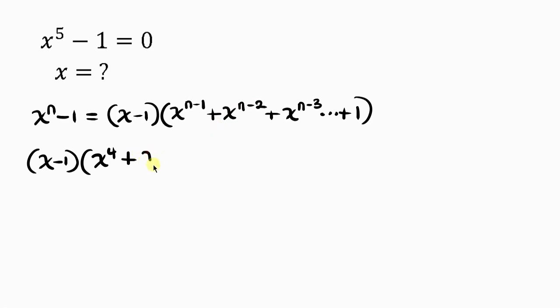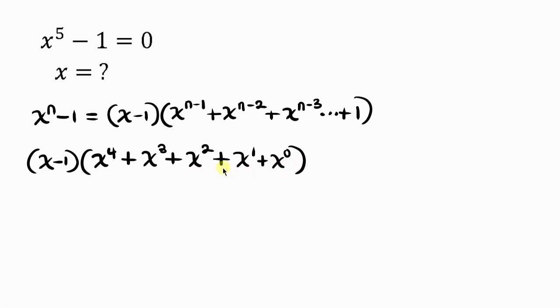So this is x to the 3 plus 5 minus 3, that's 2. So this is x to the 2, which is x squared. You notice that the powers reduce by 1. So plus, this becomes x to the 1 and then plus x to the 0.